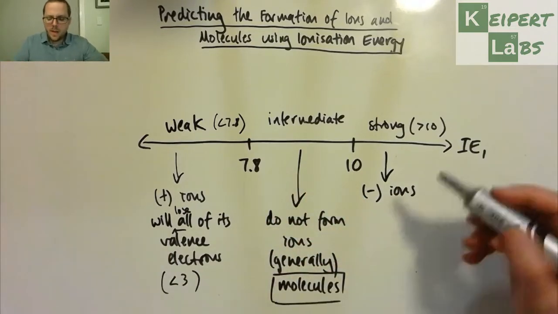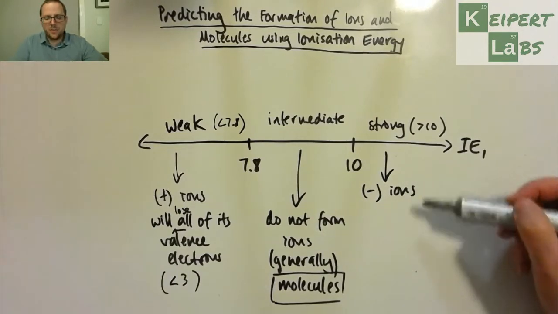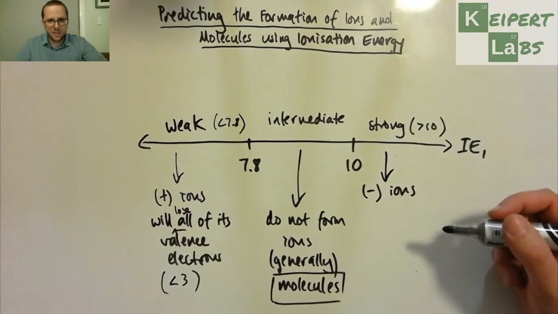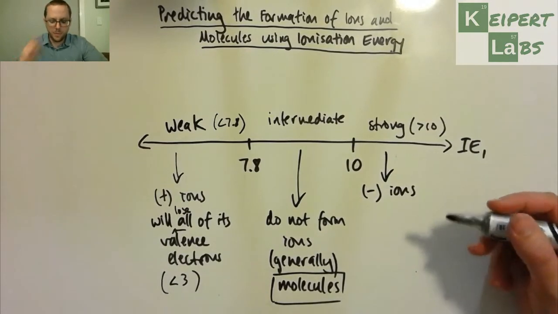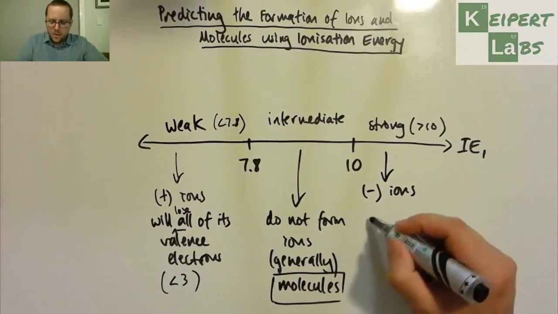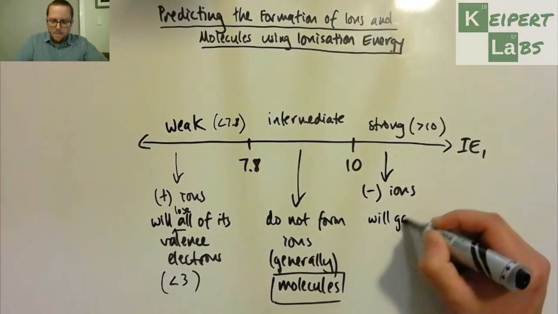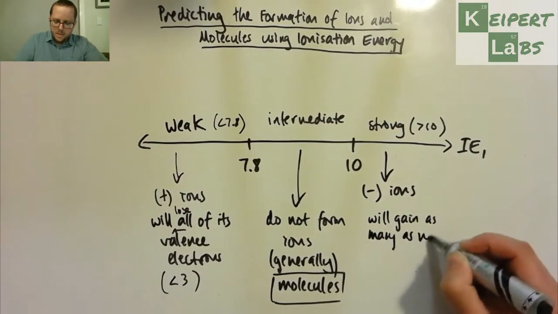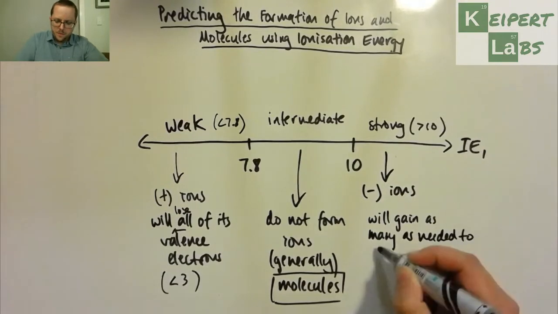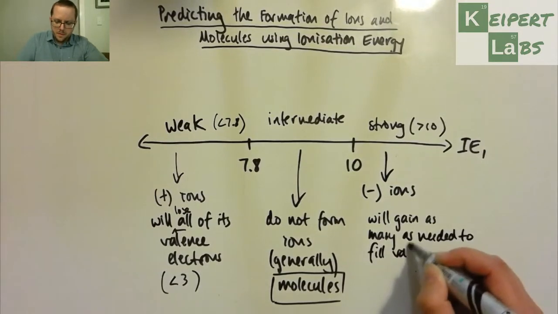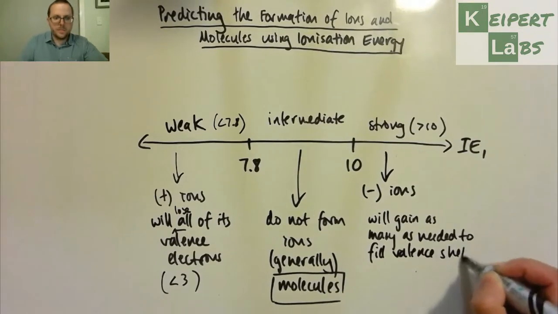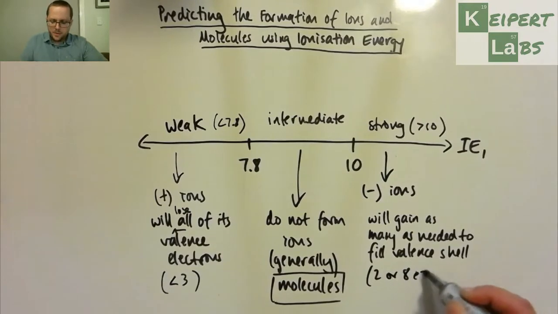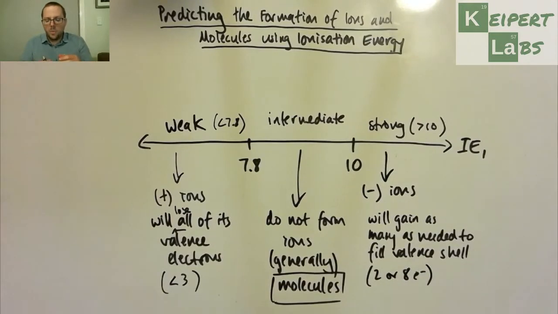Now if we're trying to gain electrons, how many electrons would we need to gain? Is there a target, a maximum level that we would reach? We'll gain as many as needed to fill the valence shell, and that would be either 2 or 8 electrons, depending on what we're talking about.